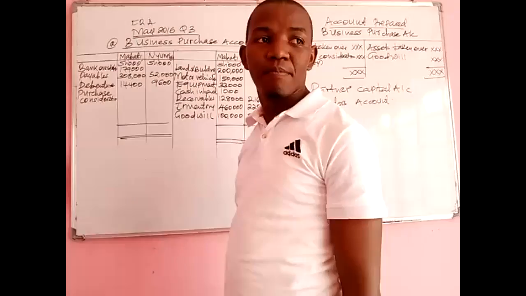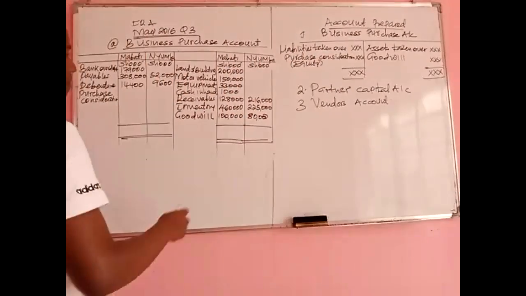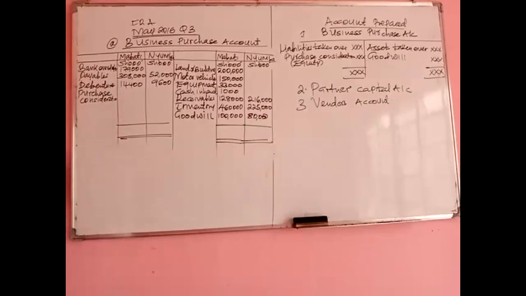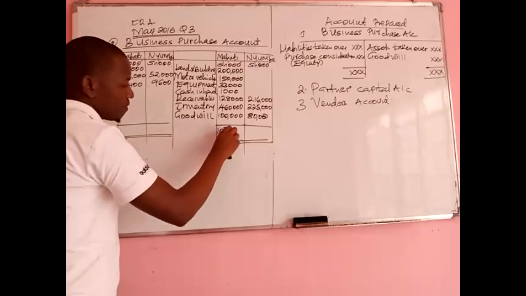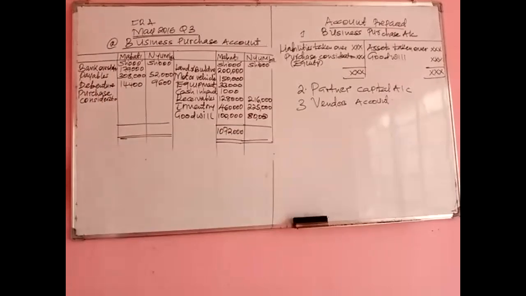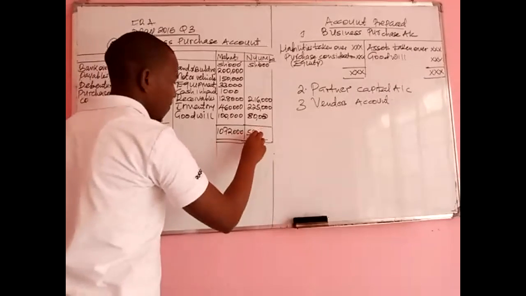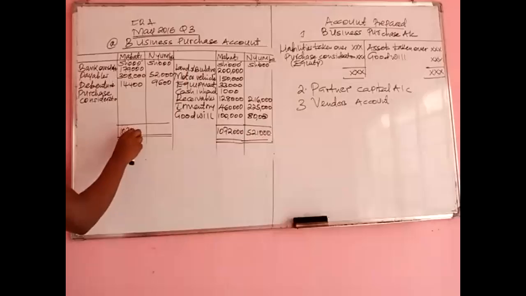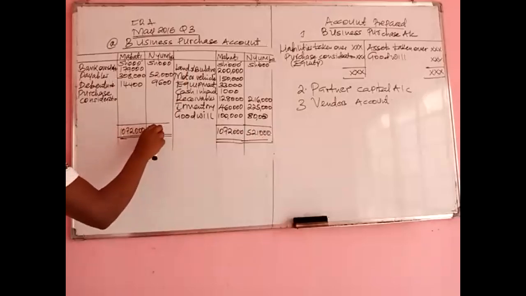The total here is how much? I'm giving you the wrong one. It should be 1072 here. So this is 1072 and this is 520.